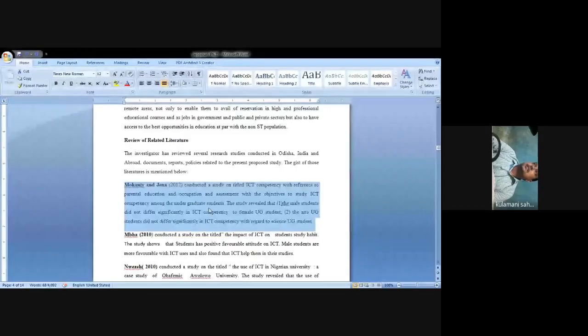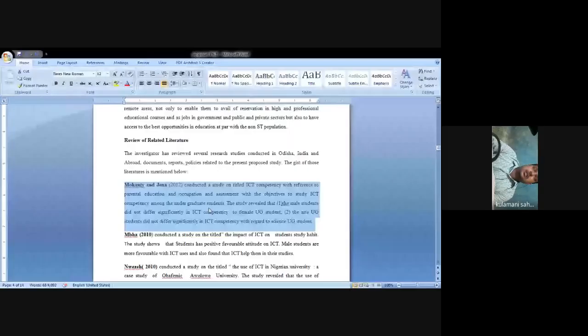with the objectives they have considered to carry out the research work, followed by the findings of the study.